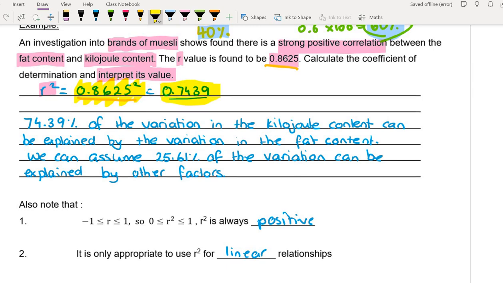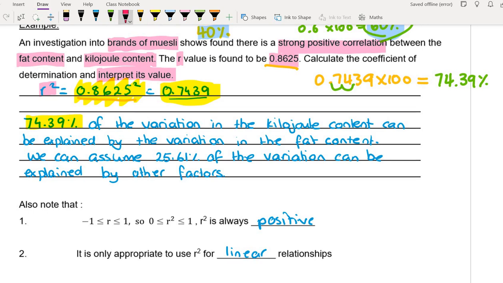So if we times this by 100, and if you're not confident, do it on the CAS, but all we're doing is moving the decimal places this way, it turns into 74.39%. Let's do RV and EV first.